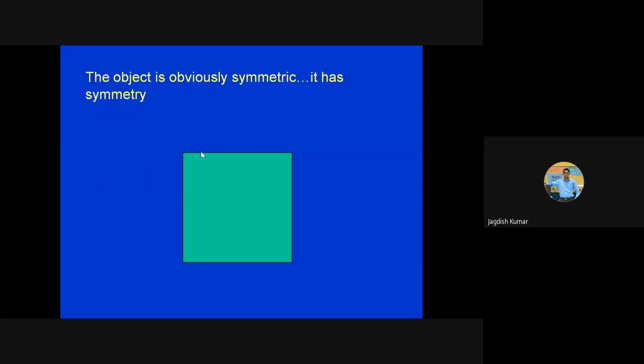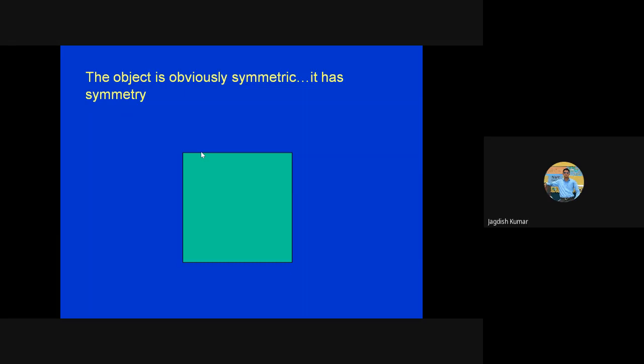I'm sure not, because it's not possible by any means to see whether this has been rotated by 90 degree or not, because the square will look exactly the same after the rotation of 90 degree, and that is what we call symmetry. That is why we can say that the square is symmetric with respect to 90 degree rotation.